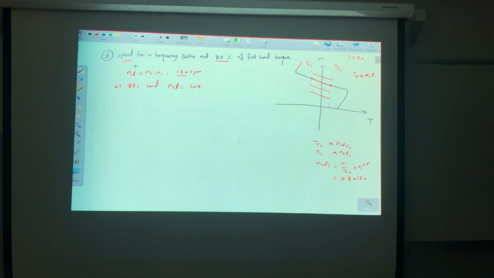So simply, I can calculate at 30 hertz, NS is equal 120F over P, which will equal 120 multiplied by 30 over 4. If I do the math, this will equal 900 RPM. Sorry, I said 796, but this will be the 900.